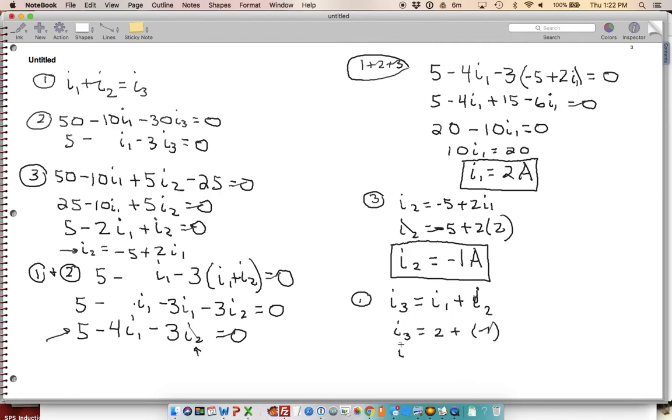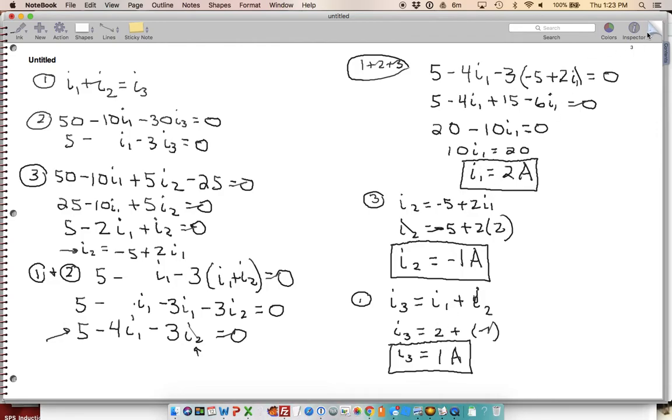And so I3 is equal to 1 amp. Okay, and now thinking about what this means: I2 is equal to a negative 1, I1 is equal to 2, and then I3 is equal to 1.